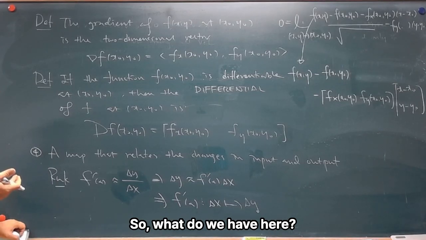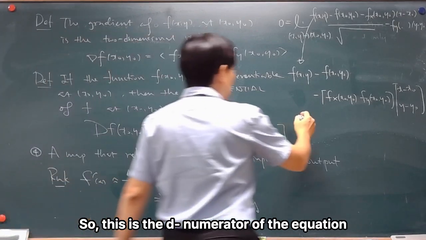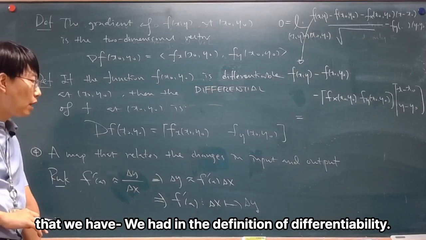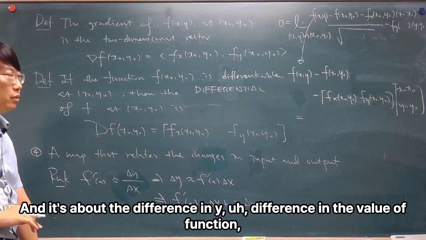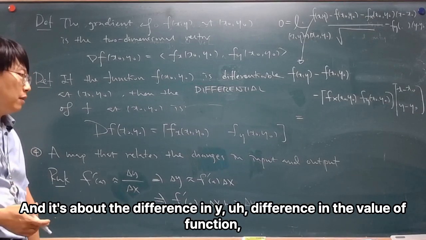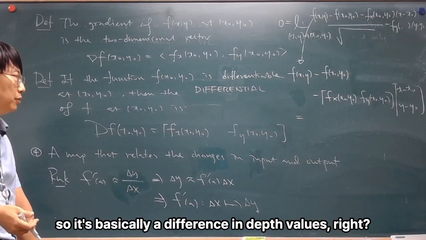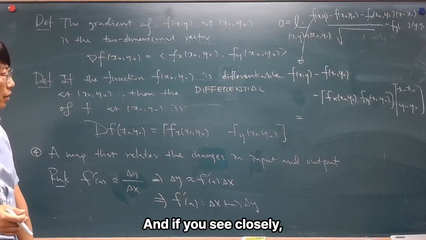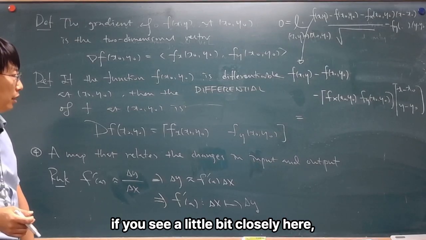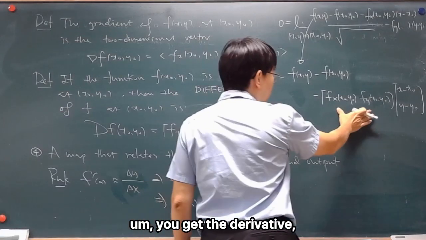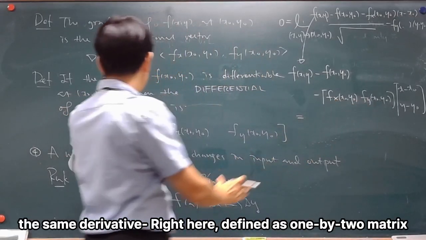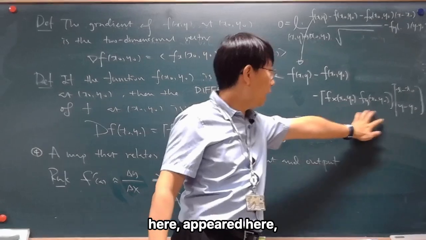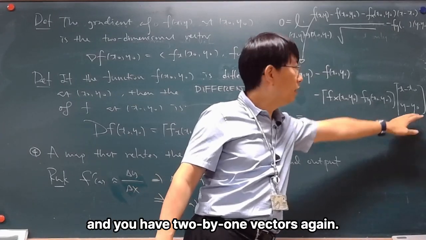So what do we have here? This is the numerator of the equation in the definition of differentiability, and it's about the difference in the value of the function. So it's basically the difference in z values, right? If you look a little more closely, the same derivative, the 1 by 2 matrix, appeared here, and you have 2 by 1 vectors again.